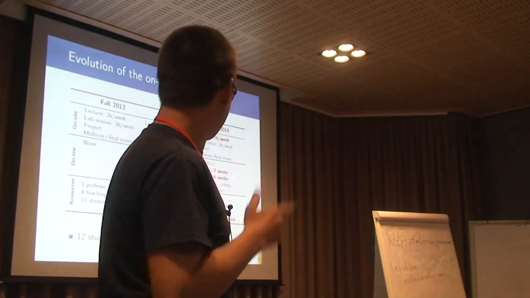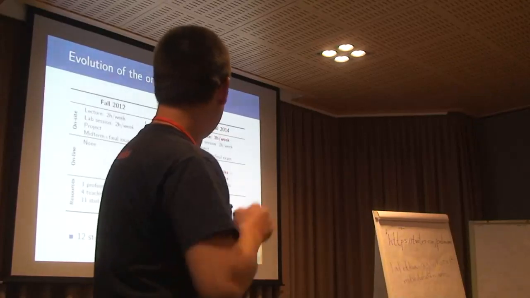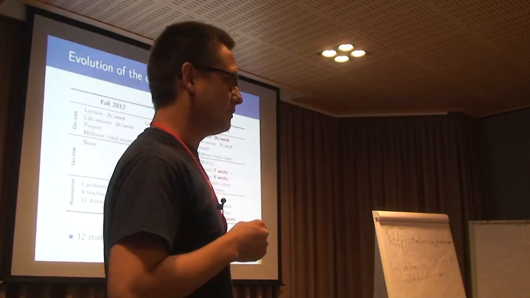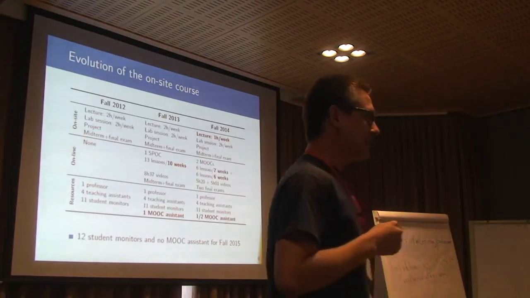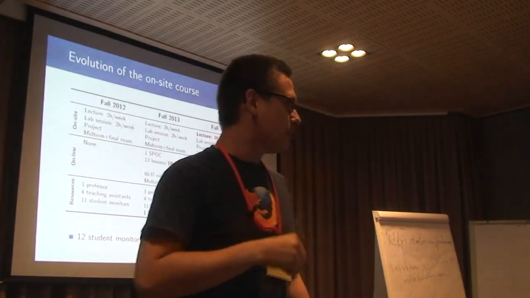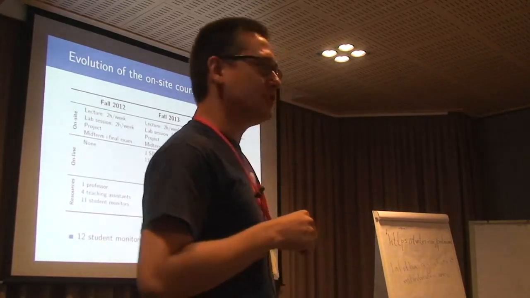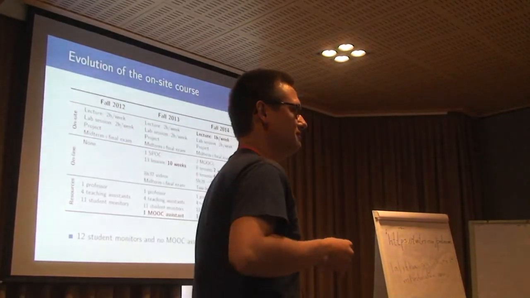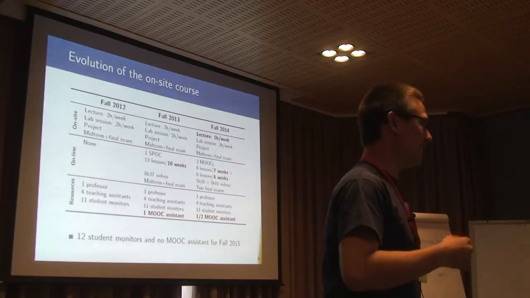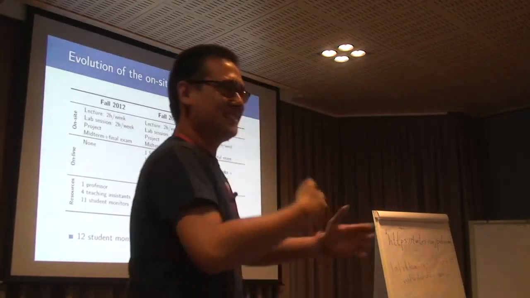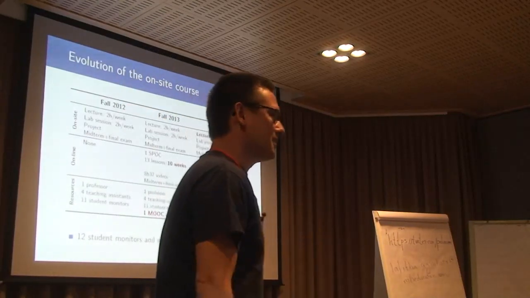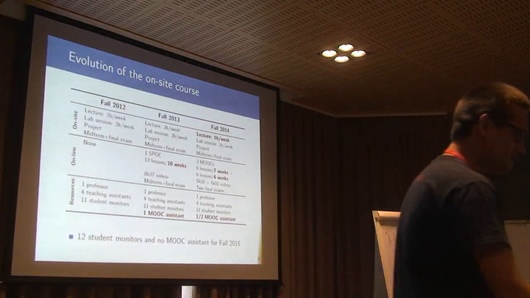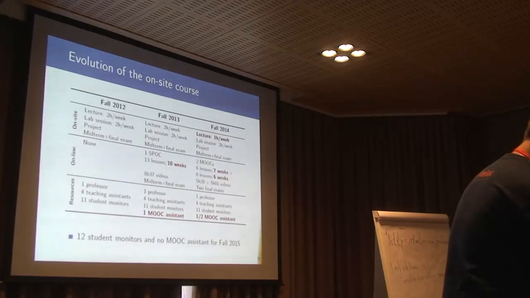So we now have three teaching assistants and 12 student monitors. What is good for us is that one teaching assistant is something like 30k euro, but one student monitor is 500 euro. So you see that the final difference in cost is just 500 euros. That's the trick.